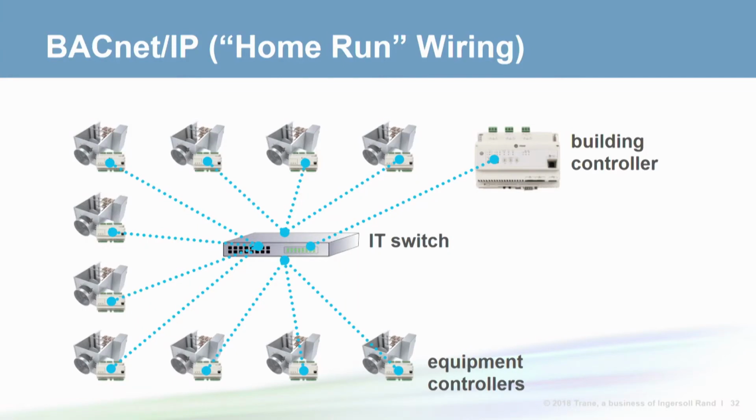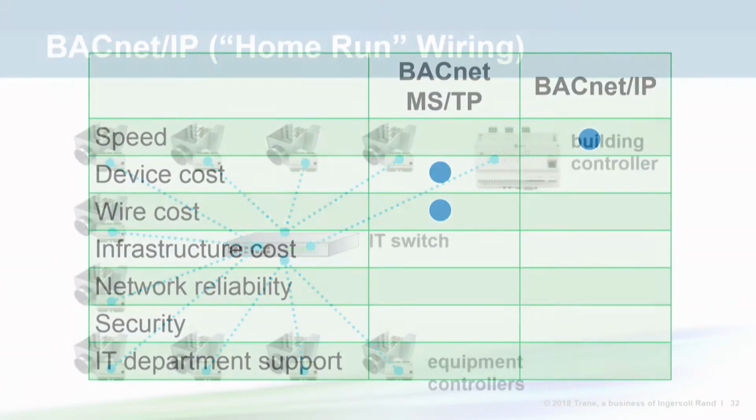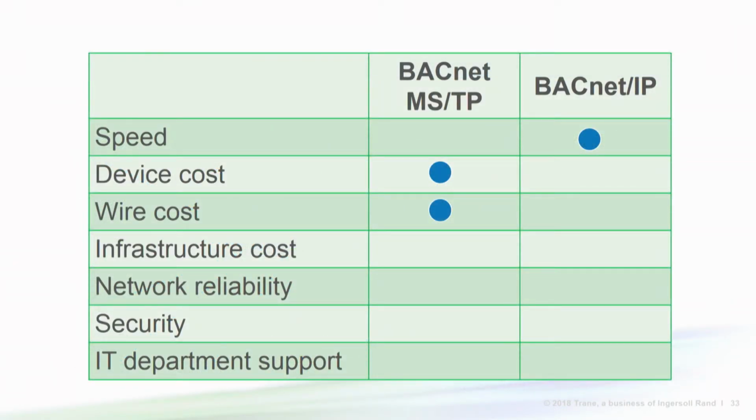I know that home running them back to one big IT switch would require a lot of contract labor. So let's try to reduce that by installing 4 smaller switches throughout the building. But they cost $100 a piece, so there's another extra $400. The reality is, it's probably still more expensive to home run back to these switches when compared to daisy chain wiring. So infrastructure cost is less with MSTP.